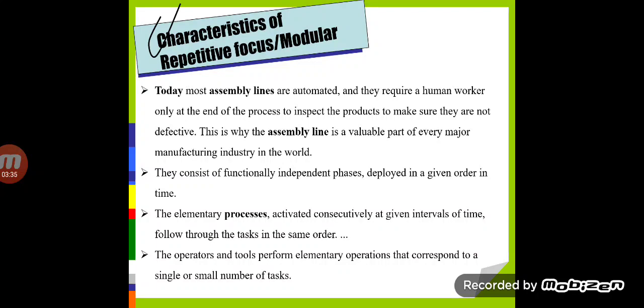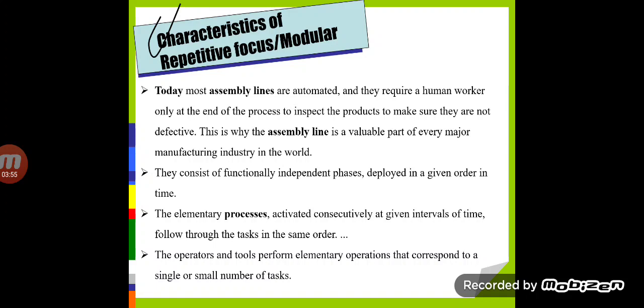Today most assembly lines are automated and they require a human worker only at the end. In simple words, whatever product we are producing, we produce with very few employees and with the help of technology.